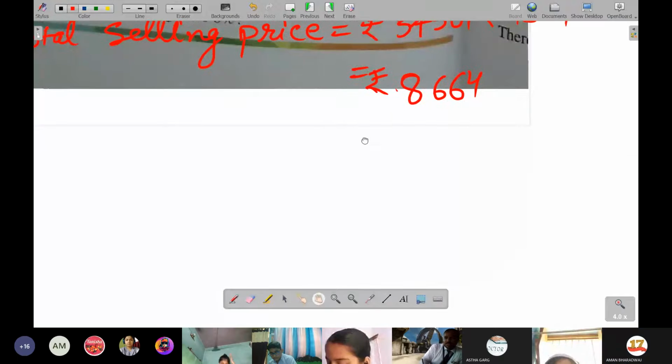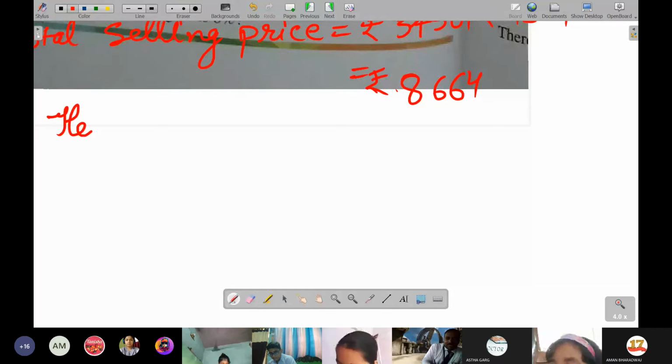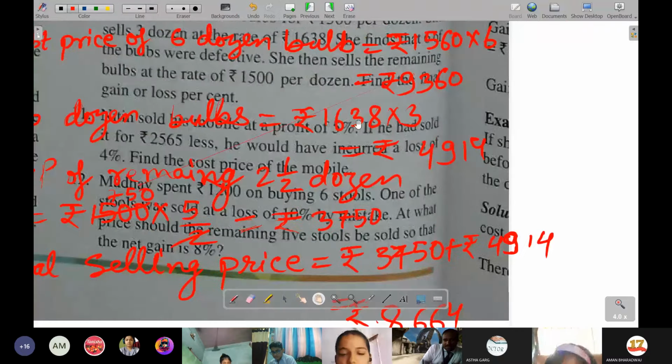Of course, selling price is less, so you can write: it has been said to find the final gain or loss percent.